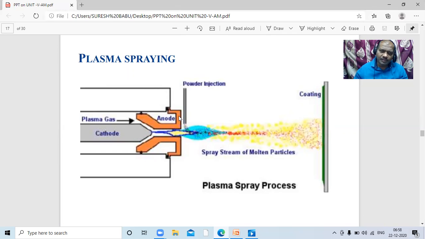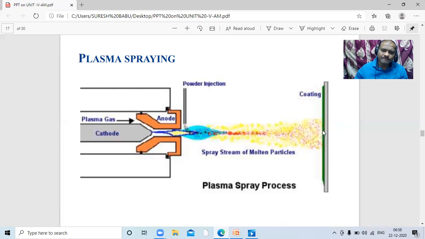If you observe here, we send plasma gas, and the cathode is there, the anode is there. With the help of cathode and anode, we are able to produce high energy, such that the energy can boost the powder from this point to this point.